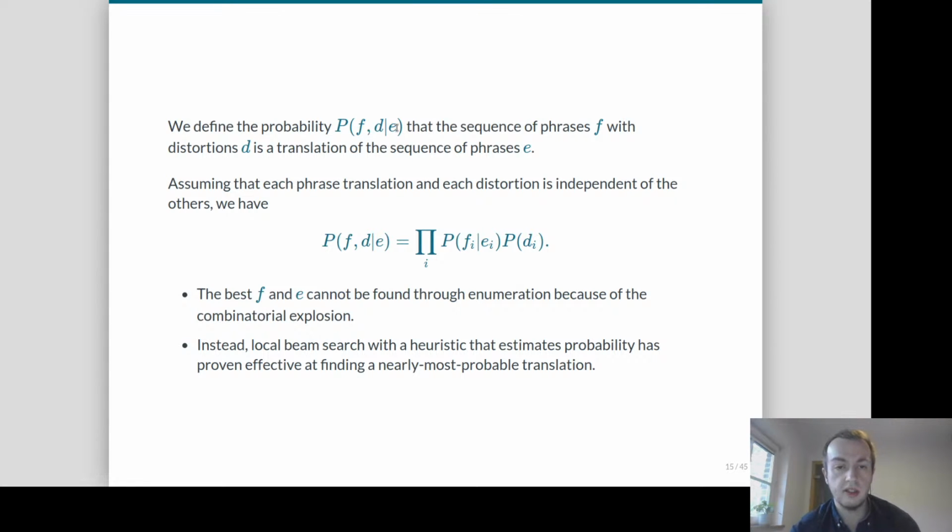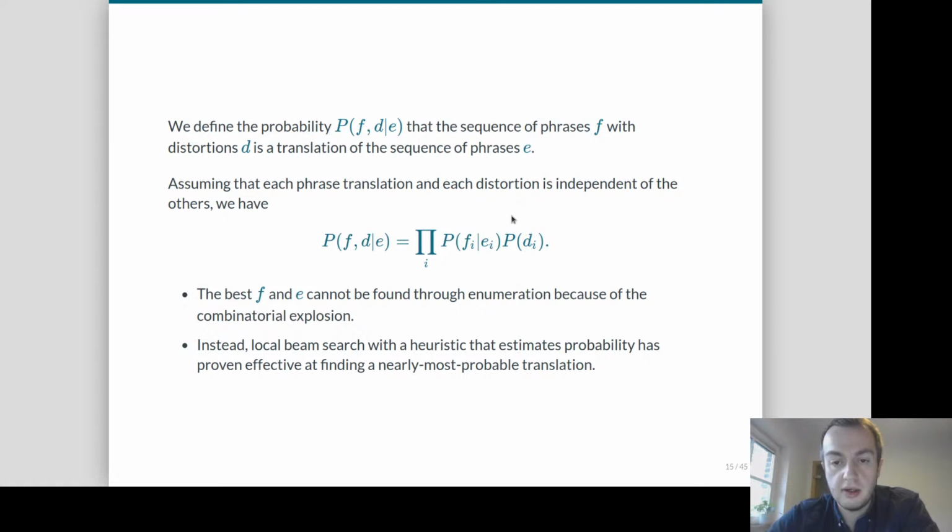If we assume that each phrase translation and each distortion is independent of the others, then we could define, but this is a choice and we could do things differently, this conditional probability distribution as a product over the individual phrases that compose the sentences.